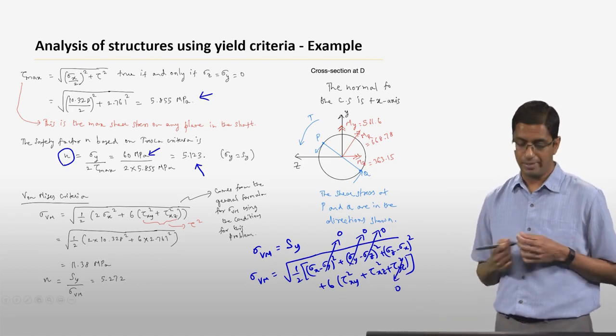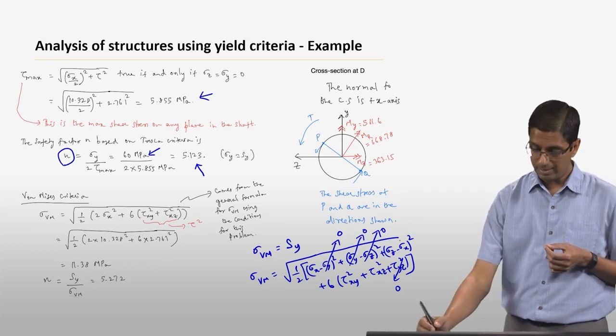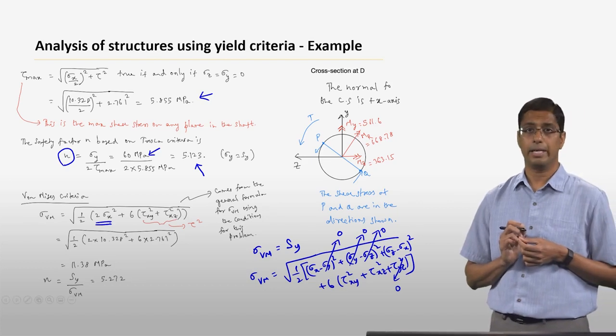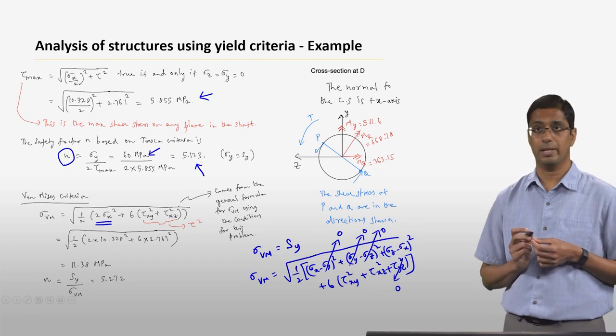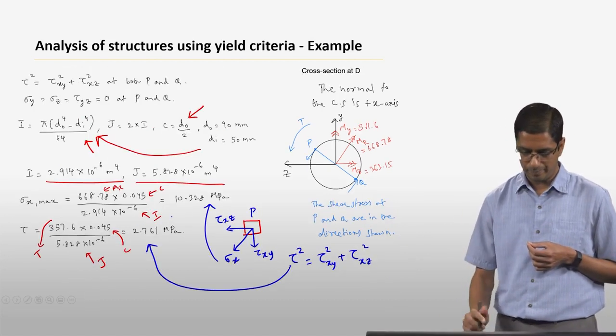Now what happens? Essentially, you get sigma x square plus another sigma x square, so that is the 2 sigma x square here. And now you have 6 times (tau xy square plus tau xz square). What is tau xy square plus tau xz square? That is nothing but tau square.